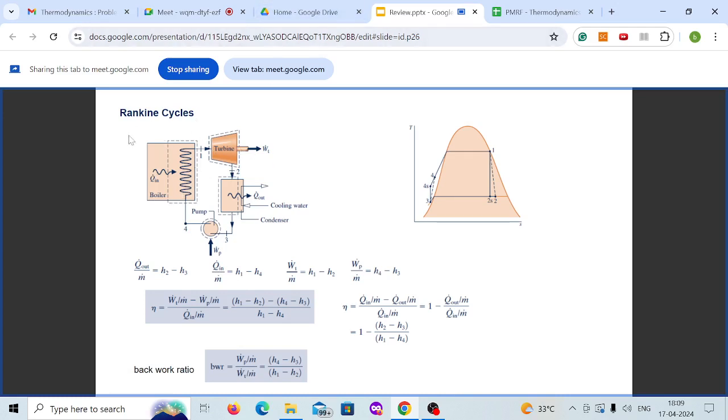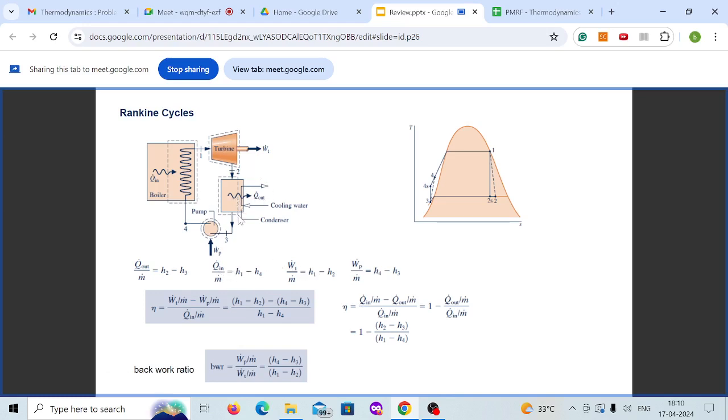So you can apply a control volume to individual components and find out the energy transfers. Q in: if you apply a control volume across the boiler, there is mass m going through the cycle, so per unit mass it equals the enthalpy coming out minus the enthalpy going in, H1 minus H4.